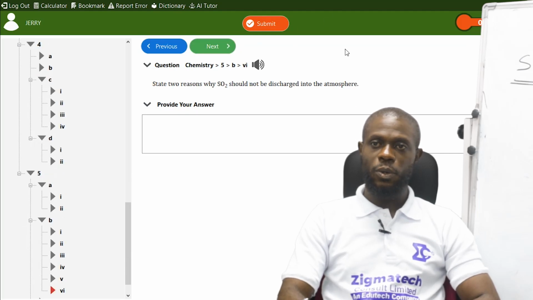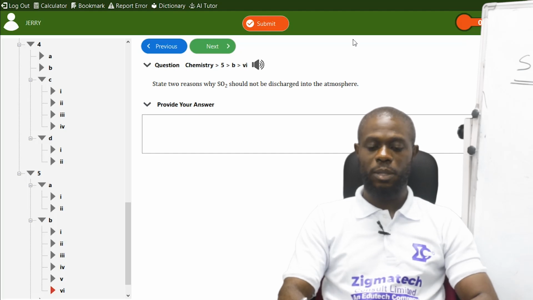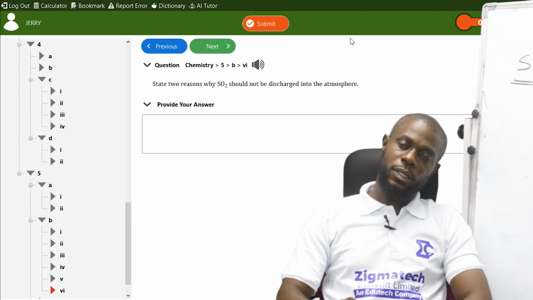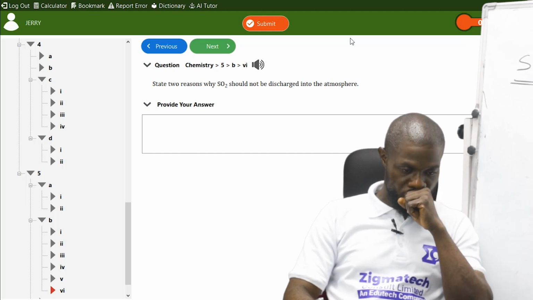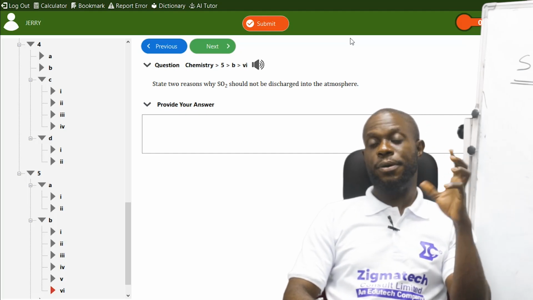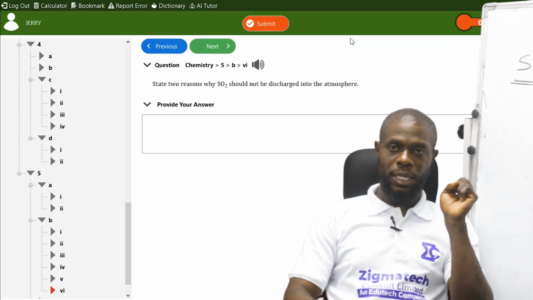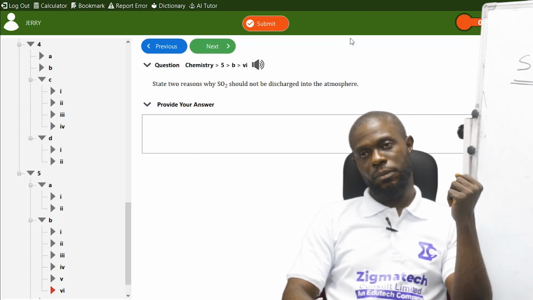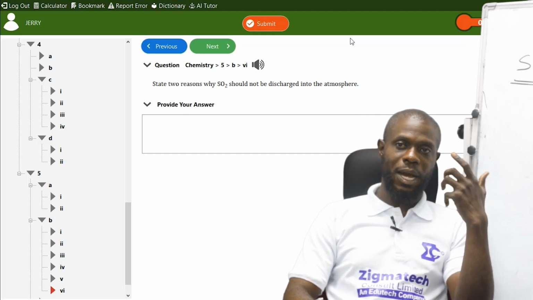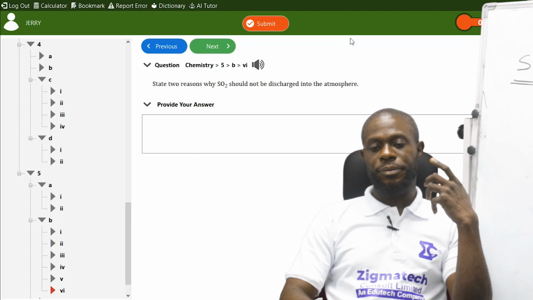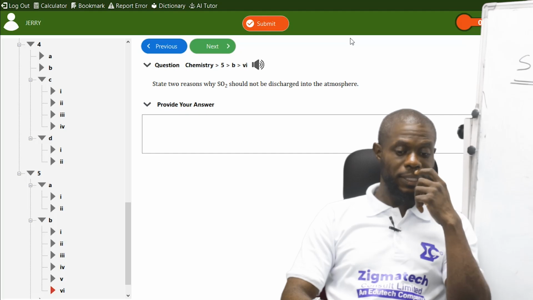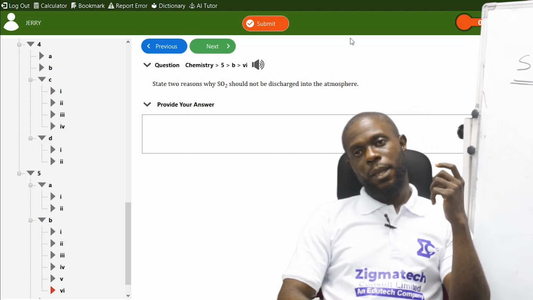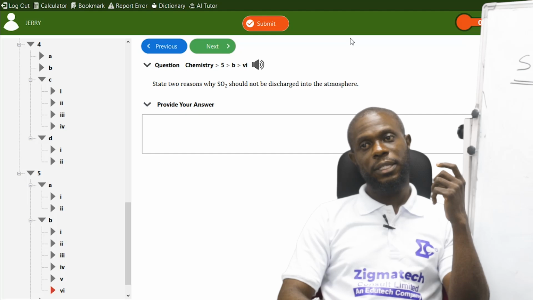The next one says, state two reasons why sulfur oxide should not be discharged into the atmosphere. Remember, when oxide gases are discharged into air, they react with oxygen and water and form acidic rain. And when the acidic rain comes, it damages living things. So these are two reasons why sulfur oxide should not be discharged into the atmosphere.